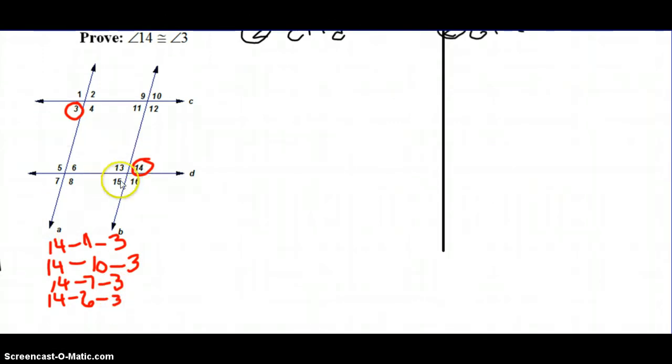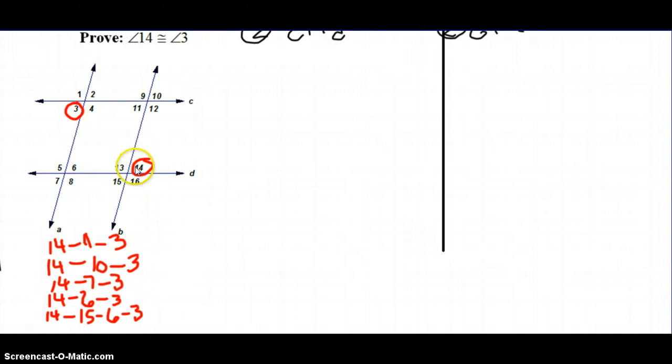I could also go 14 to 15, vertical, 15 to 6, alternate interior, 6 to 3, alternate interior. One thing I want to point out: the more angles we use, the more steps we're going to have to include in our proof. And so typically we want to try and show the shortest route possible.